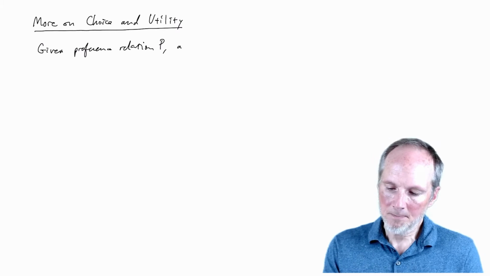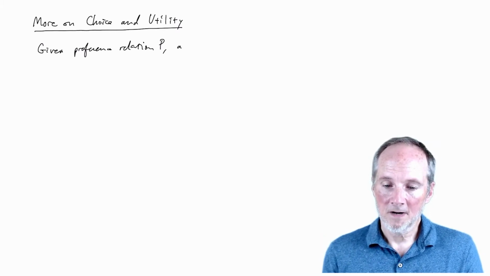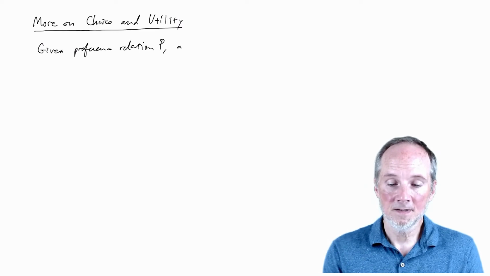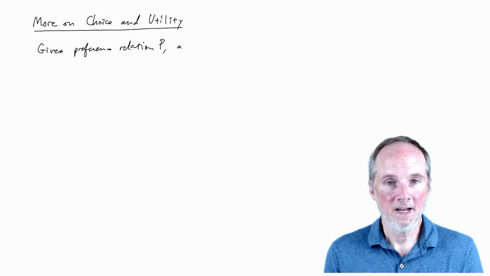What I want to make the point of is that the utility function is not really adding anything to the model. It's just another way of thinking about preferences. So I'm going to use the term representation.